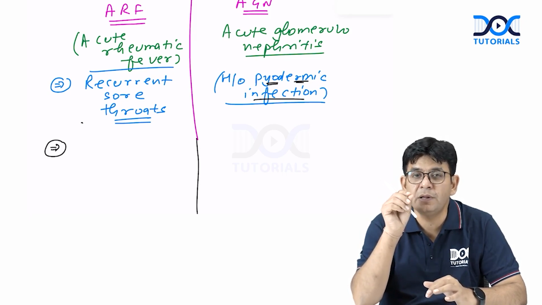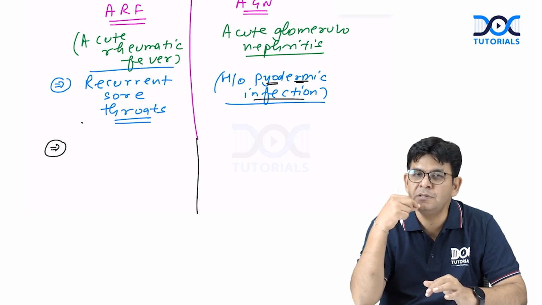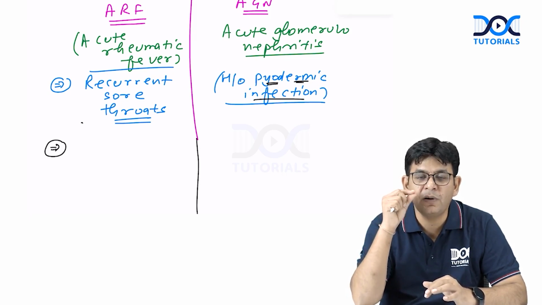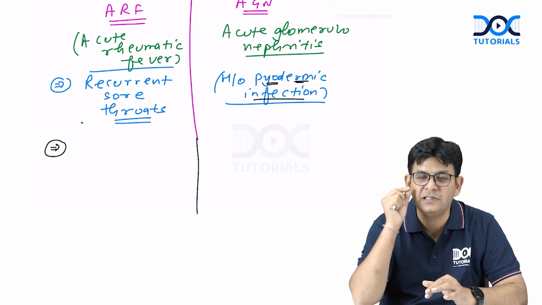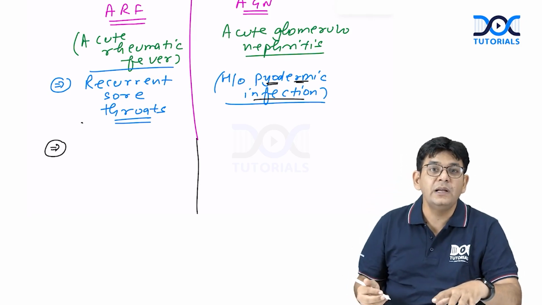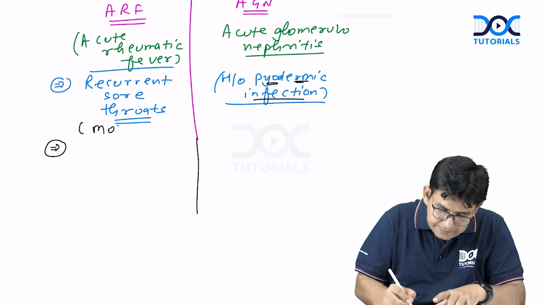Molecular mimicry is this: certain cellular components of Streptococcus pyogenes cross-react with the heart. You must be remembering, C carbohydrate cross-reacts with cardiac walls, and the M protein cross-reacts with myocardium. And they cause this damage. This phenomenon is termed as what, guys? Molecular mimicry.